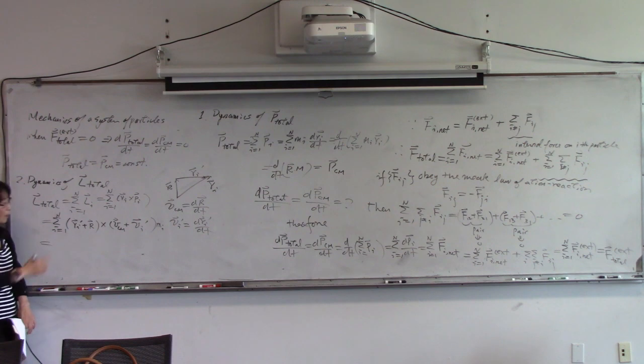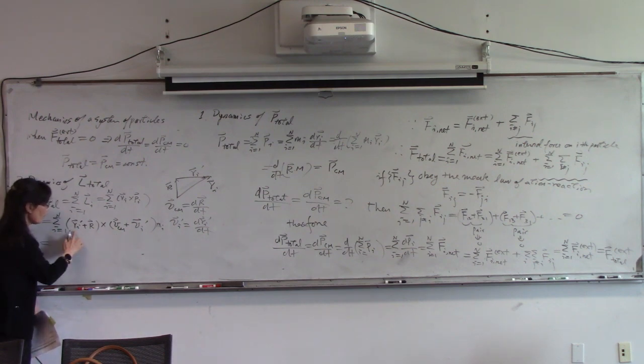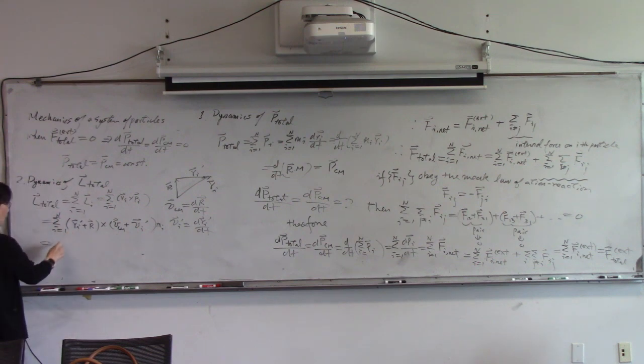Now how many terms do we have? Four terms. This one multiplies this, this term multiplies this, and this one, and this one, right? So now let's do them one by one.